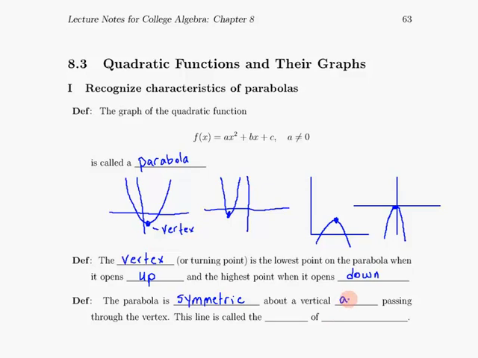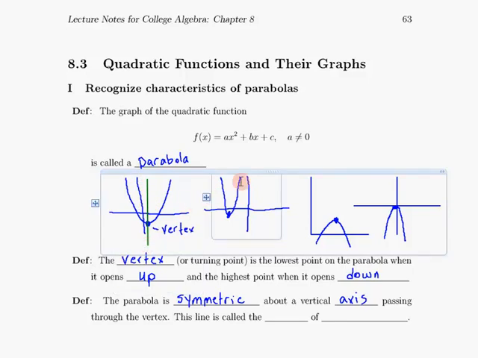about a vertical axis passing through the vertex. Looking at these graphs, right down the line here in the middle, there is your axis of symmetry.